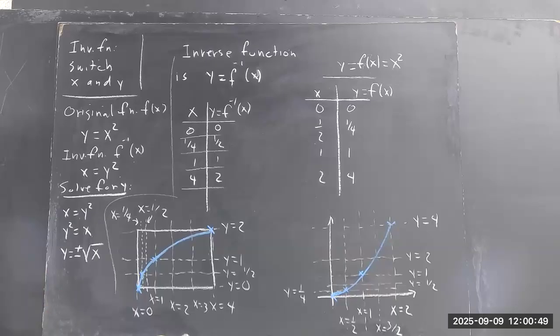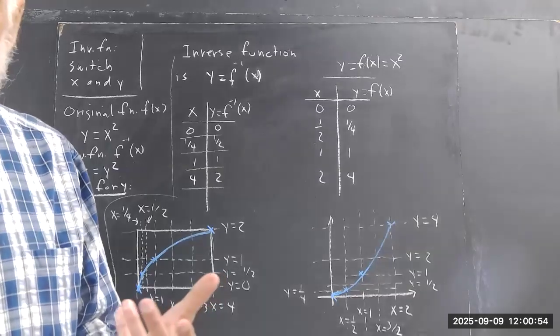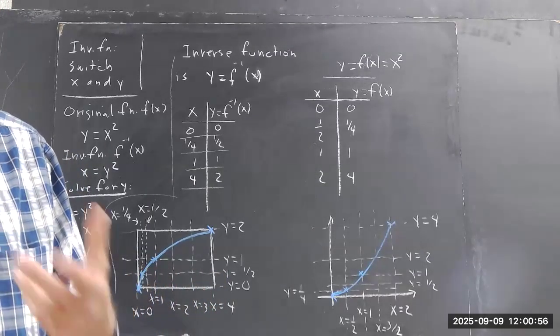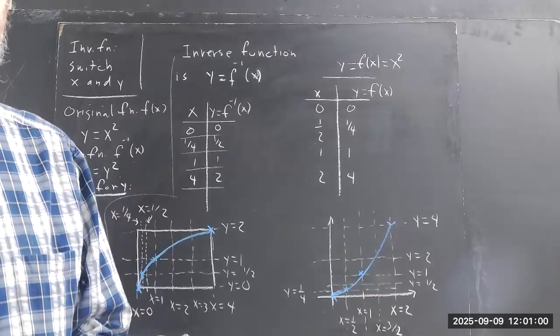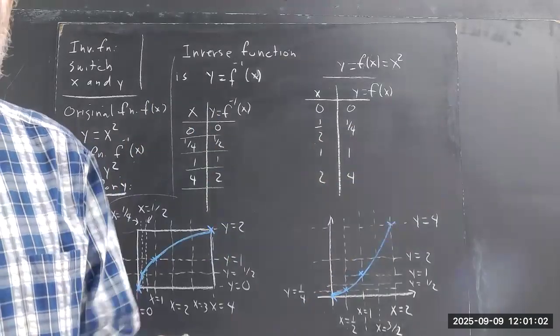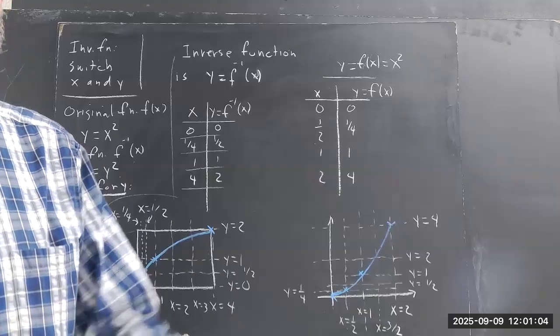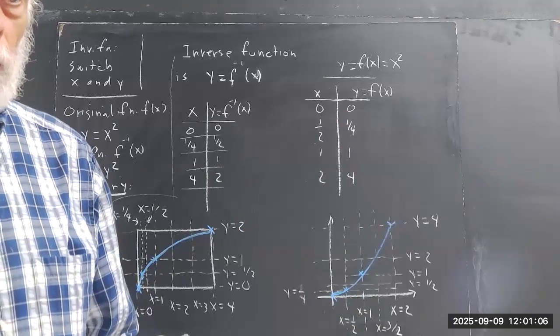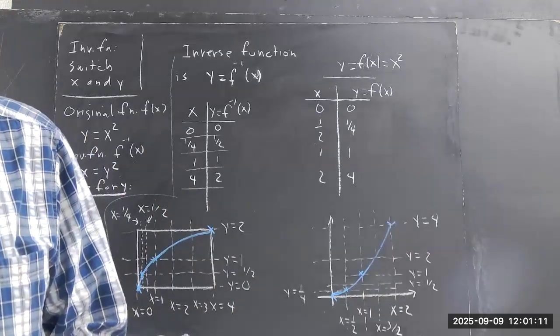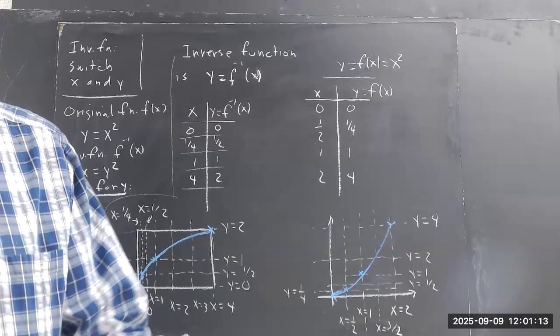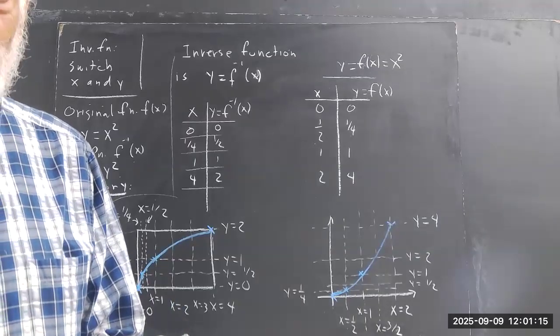For example, if you have y squared equals 25, what's the square root of 25? It's 5. If you square 5, you get 25, so it's checked. 5 is a solution to y squared equals 25. How about negative 5? Is negative 5 a solution?